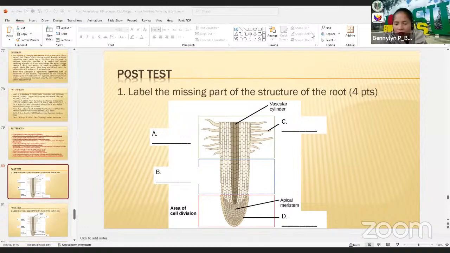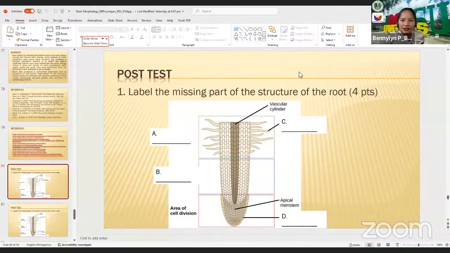Kindly participate in the chat box. Any answers for labeling the structure of the roots? Are you taking a break? Okay, just to show you then.